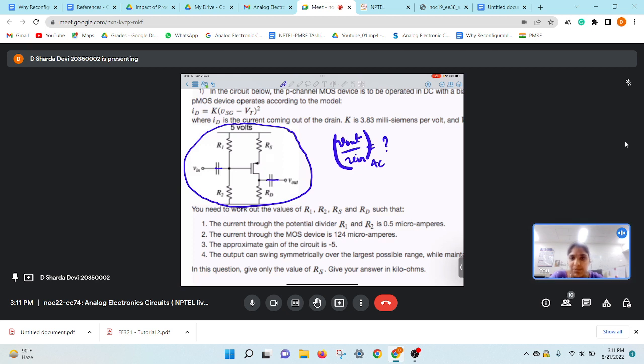You just let me know the expressions, then we'll move forward. Why I am asking you this is because there are 4 consecutive questions which are based on this particular circuit. So first, if we handle or solve this particular circuit, then we can move ahead.